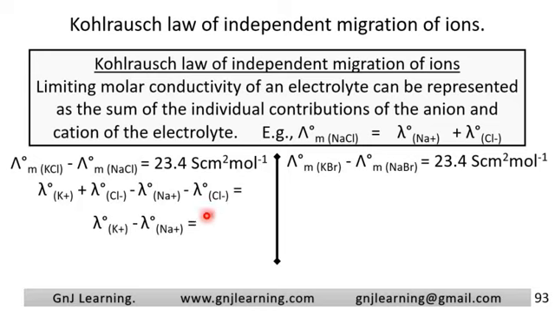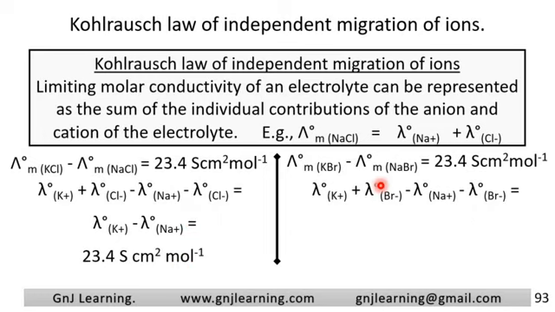Then it is K plus minus Na plus, which is equal to 23.4. He did the same here. He split KBr into K plus and Br minus, and NaBr into Na plus and Br minus, and the minus and plus values cancel out, and finally he got the same value here.